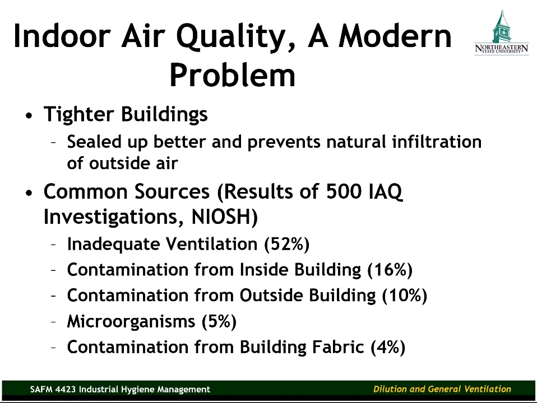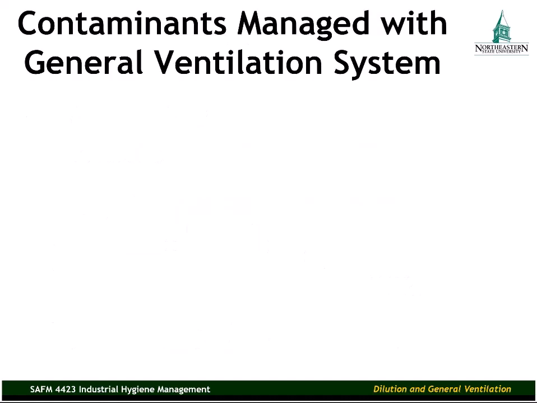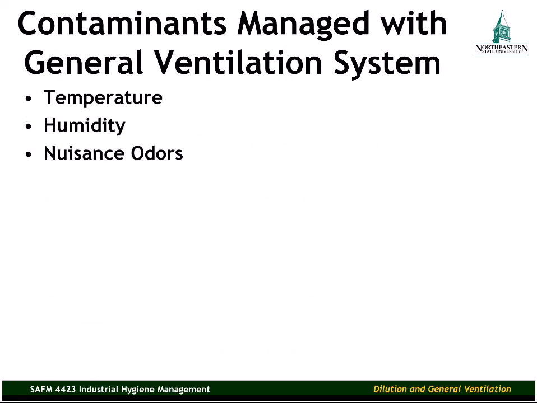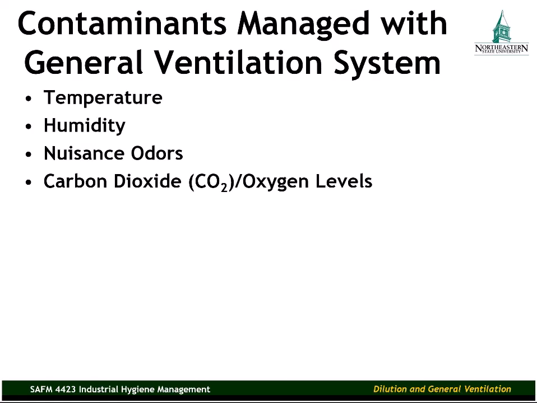And speaking of contaminants, let's talk about the types of contaminants that are managed with a general ventilation system. Temperature, of course, humidity, nuisance odors, carbon dioxide, oxygen levels, which we'll talk more about, tobacco smoke.